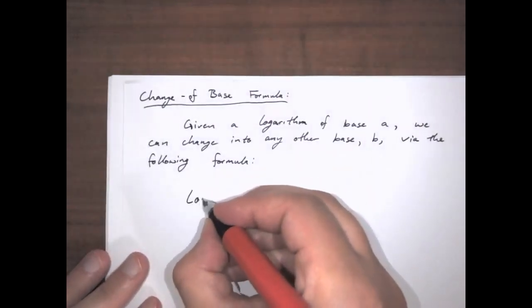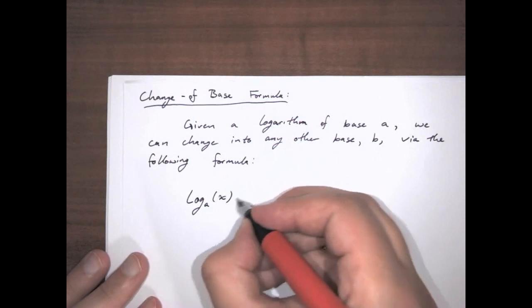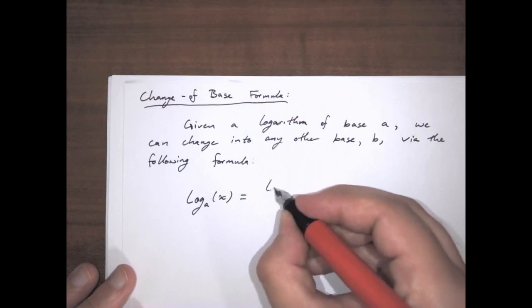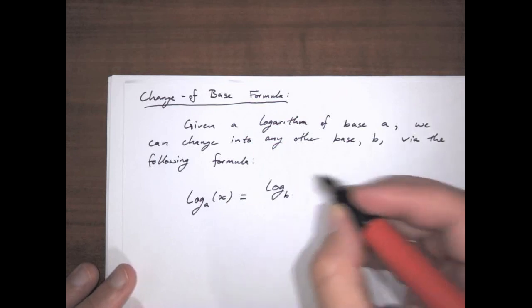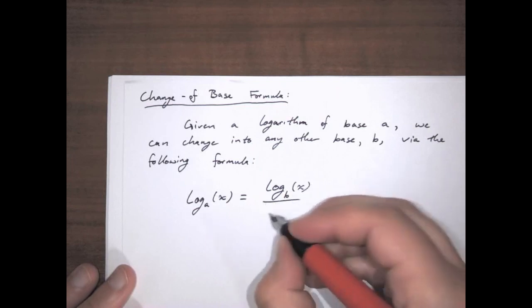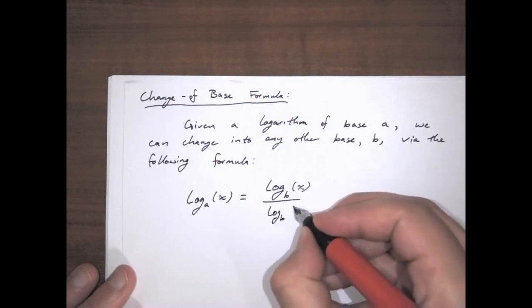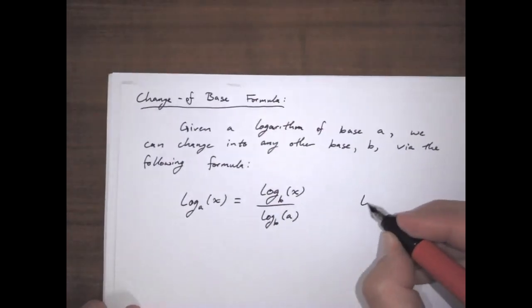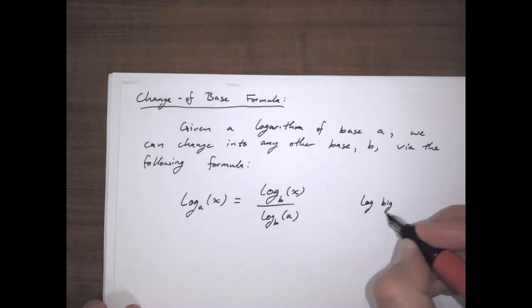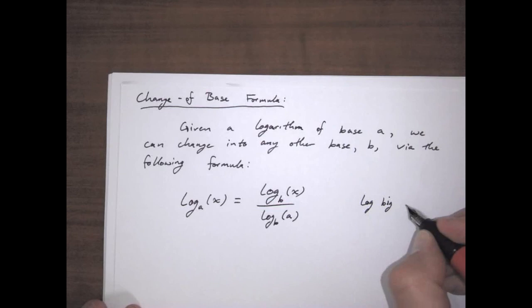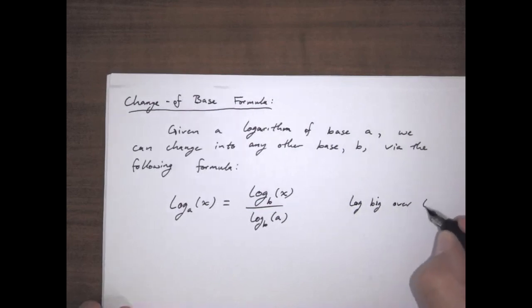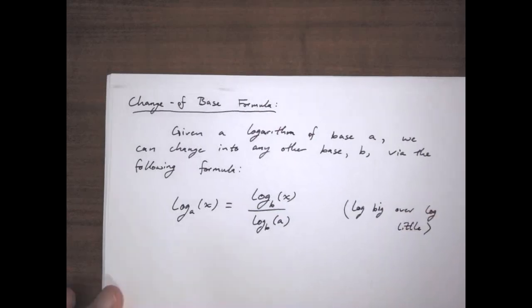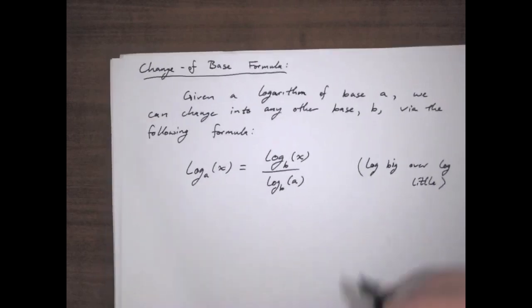So if I had the log base a of x to start with, then I can rewrite that as the log base b of x divided by log base b of a. So this is often called log big over log little, as a mnemonic device.